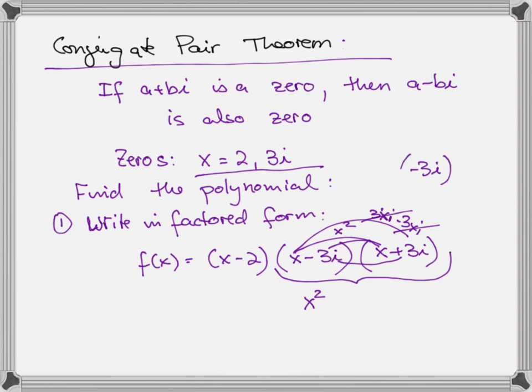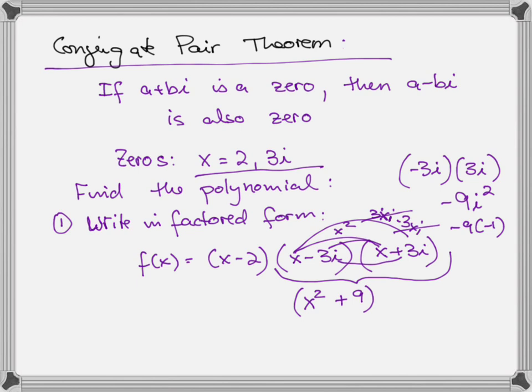That would be negative 9 i squared. I times i is i squared. What does i squared stand for? I squared is -1. So this becomes, if you multiply it out, x squared plus 9.